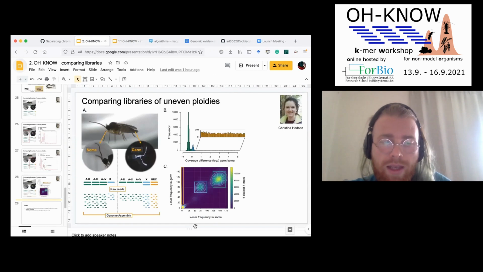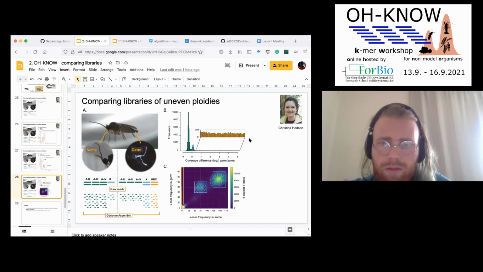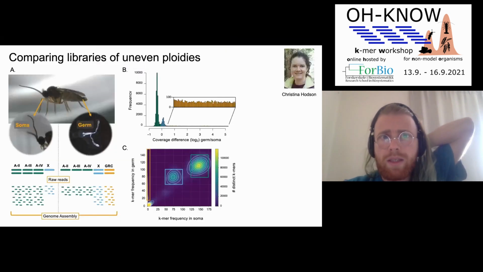That's actually an absolutely essential point of this comparison of multiple libraries of different karyotypes. Does it make sense? Can I have a yes, okay, perfect.